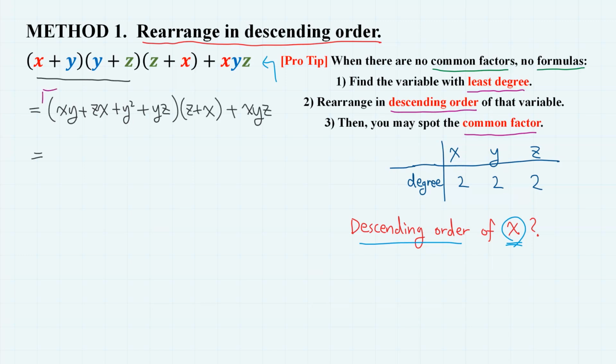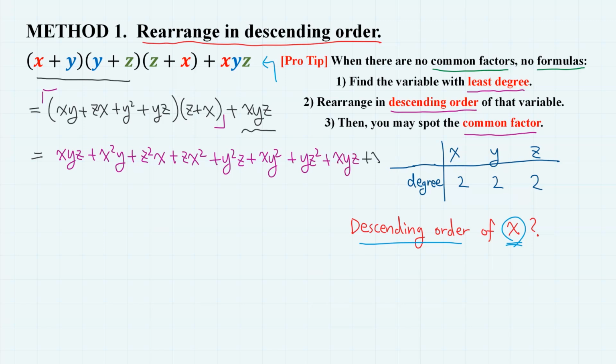So if we expand this part, we have xyz + x²y + z²x + zx² + y²z + xy² + yz² + xyz, then plus xyz.